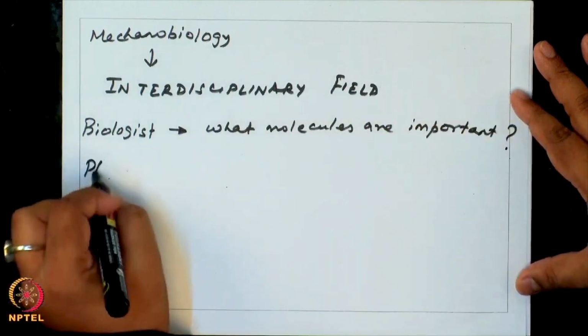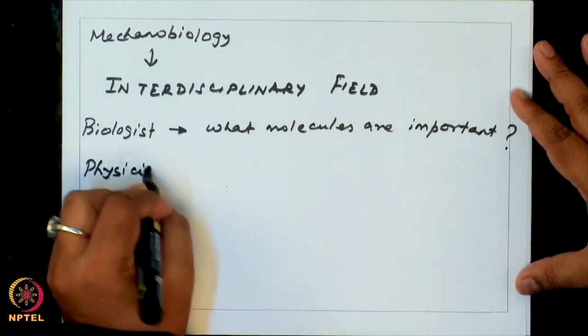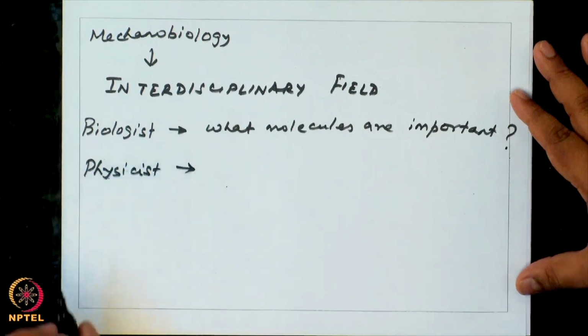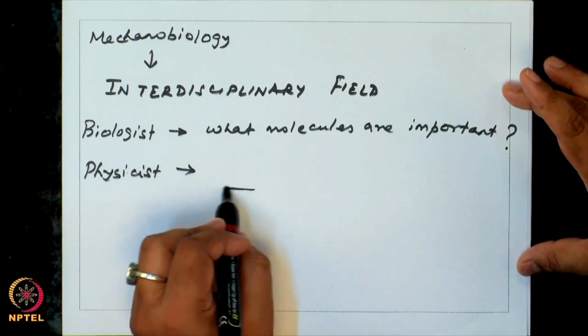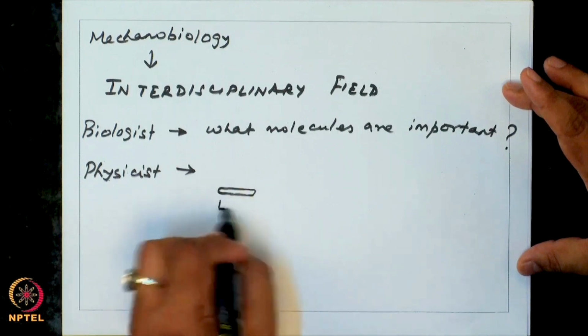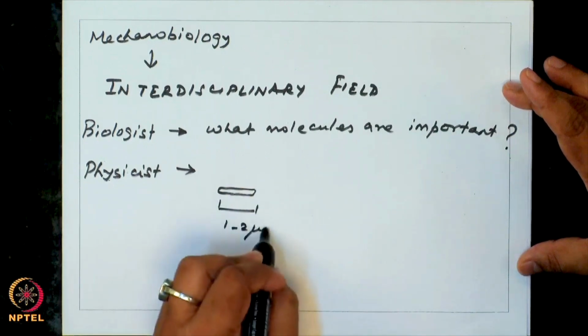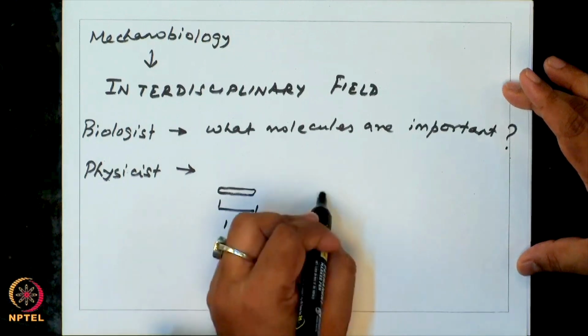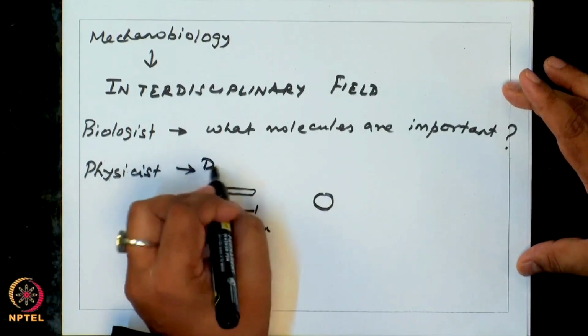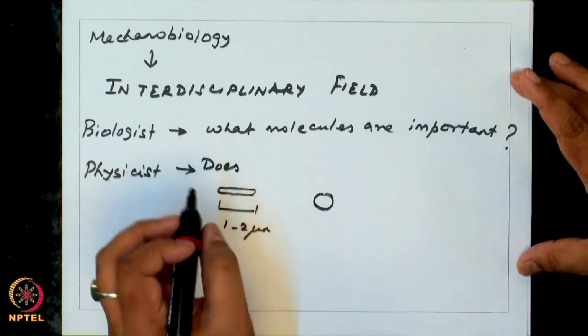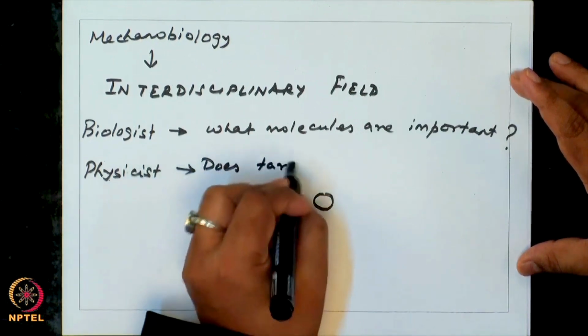But a physicist might ask the question that instead of a bacteria, which has a shape like this, typically 1 to 2 microns in length, if the target was round, does target shape matter?